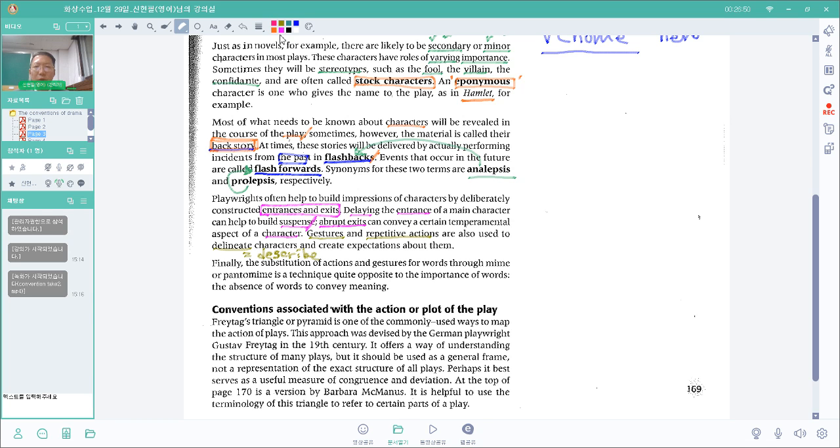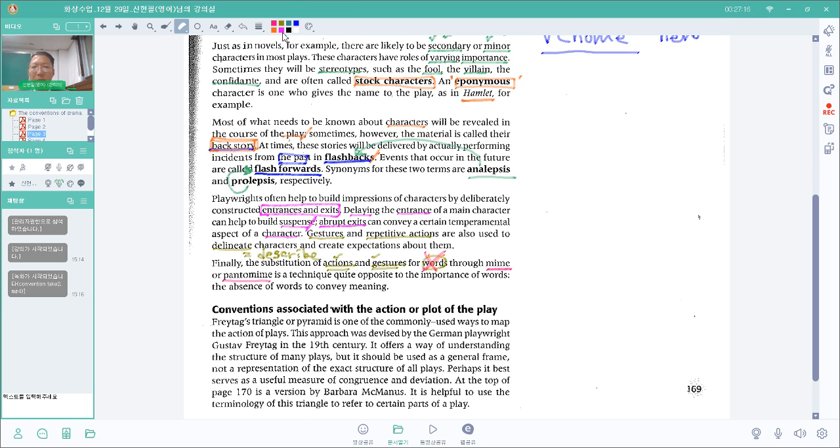Sometimes these actions and gestures are used without words. Normally actions and gestures are used together with words, but sometimes they are used without any word, and that is called pantomime or mime.